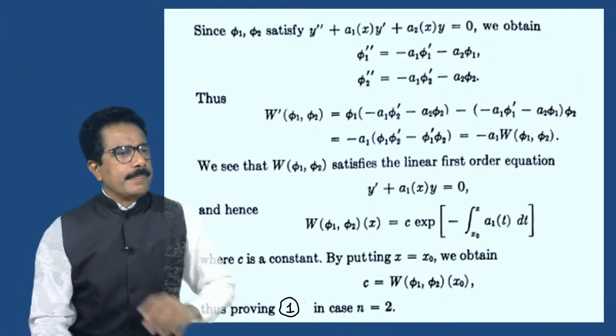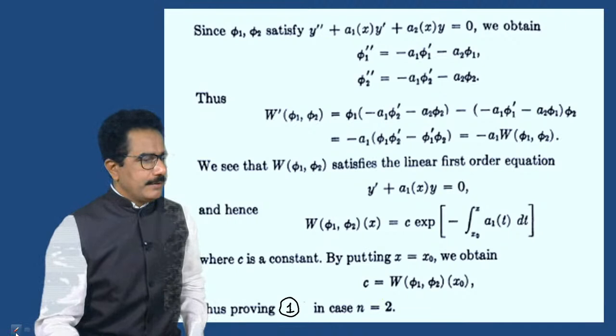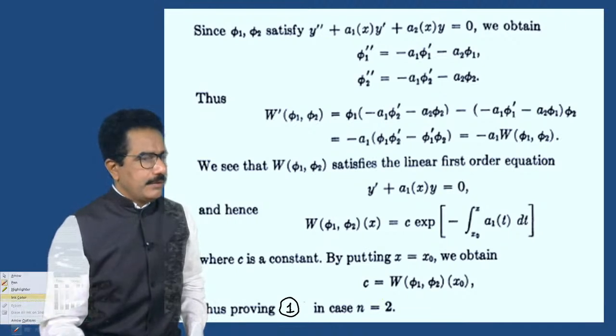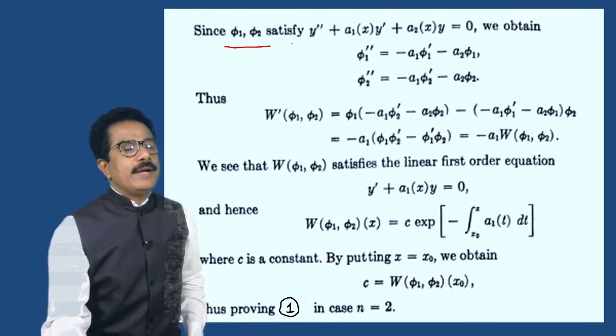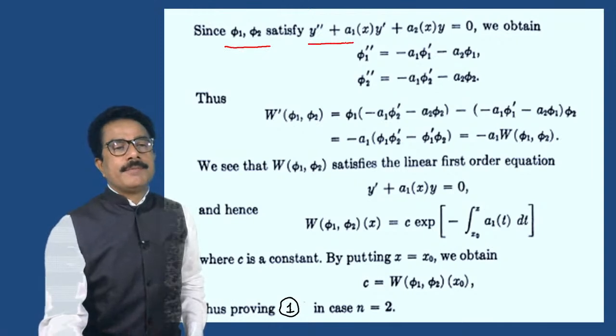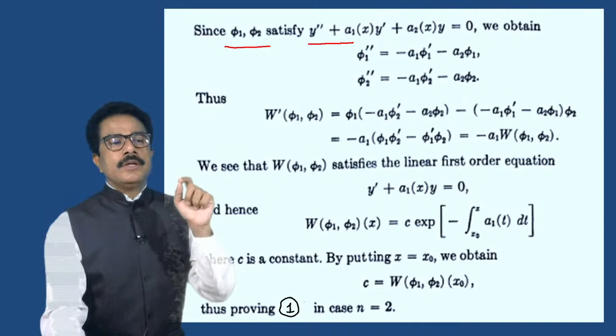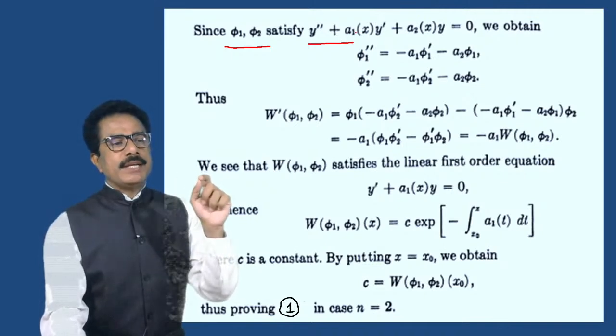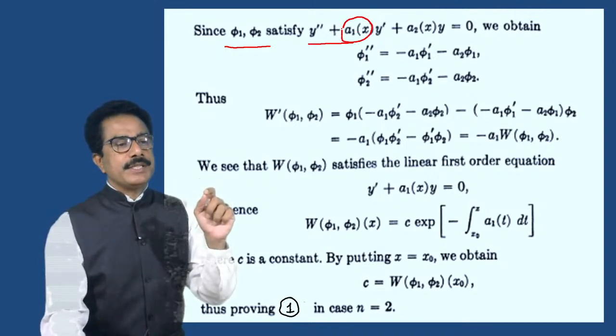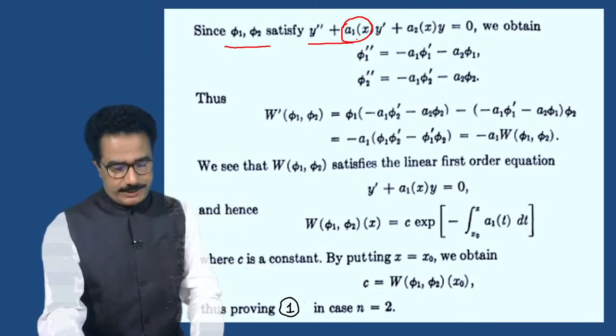Here phi1 phi2 satisfy the second order homogeneous differential equation with variable coefficient. See this, a1 of x means variable coefficient.